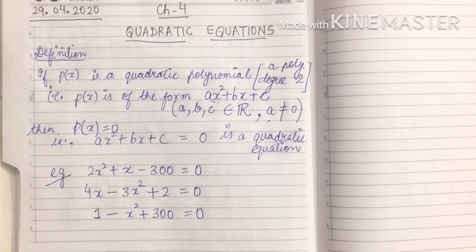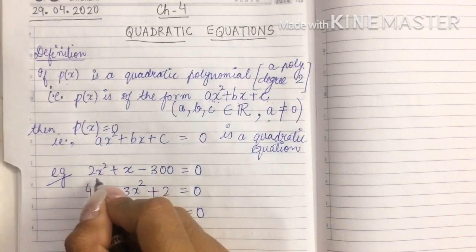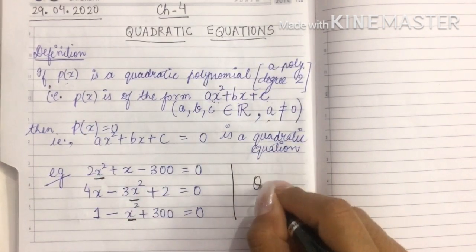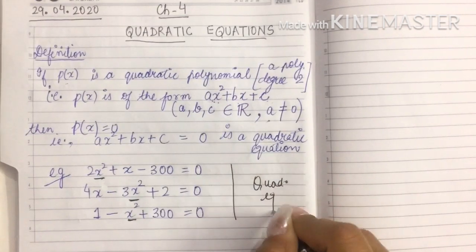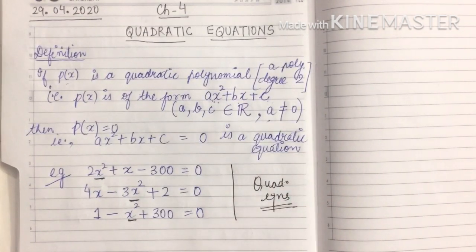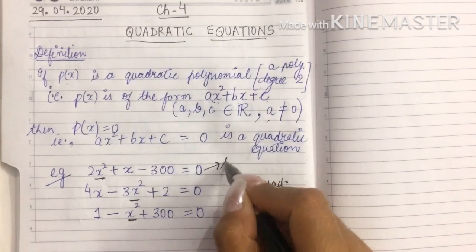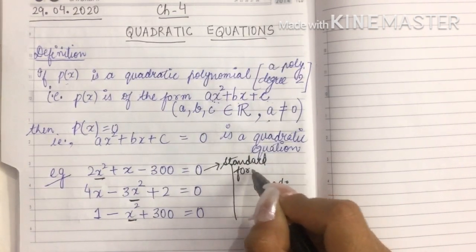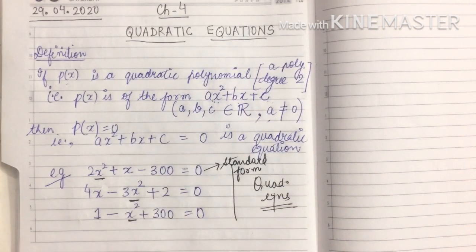Now if you look at these examples, you will observe that all these equations contain the term with x². So I have a term with x² in each of these. So all of these are quadratic equations. But this one is in standard form because the terms are in descending order of powers.